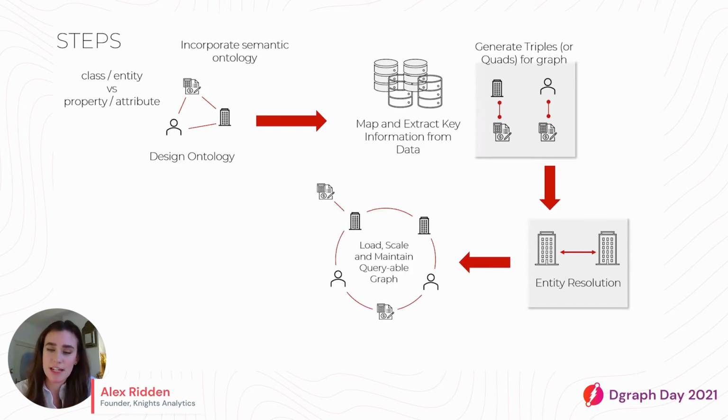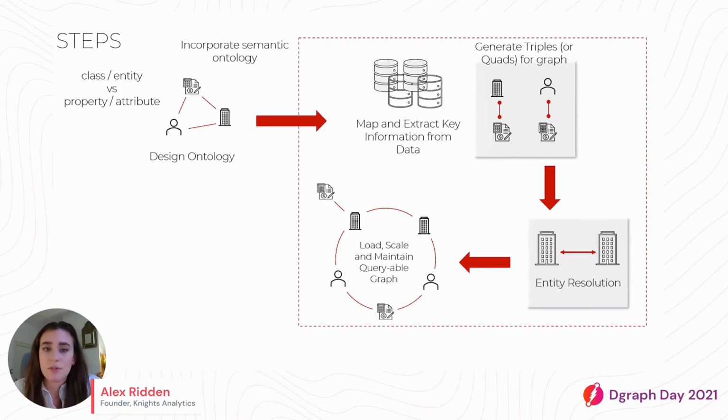And once you have all those things, you of course want to start loading them into a graph, and you probably want to build that graph up over time, which is a very different problem from bulk loading your data, which a lot of people have experience doing, but not as many people have experience actually productionizing a graph and using it next to their data lakes or other data sources. And of course, all those mapping, resolution and loading into the graph steps are going to be continuous and hopefully live.